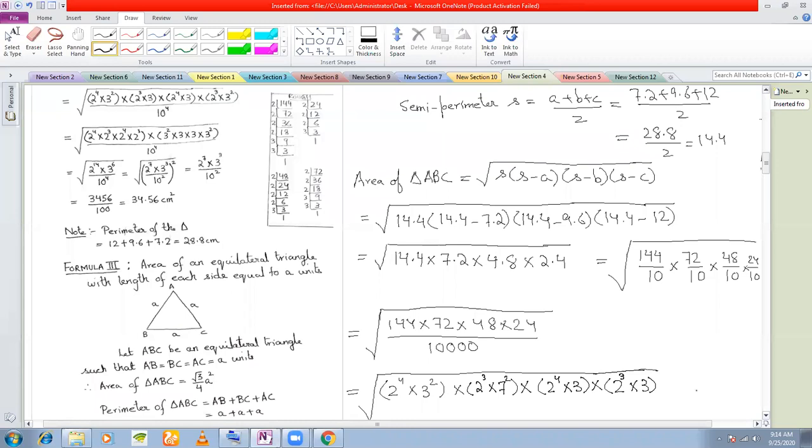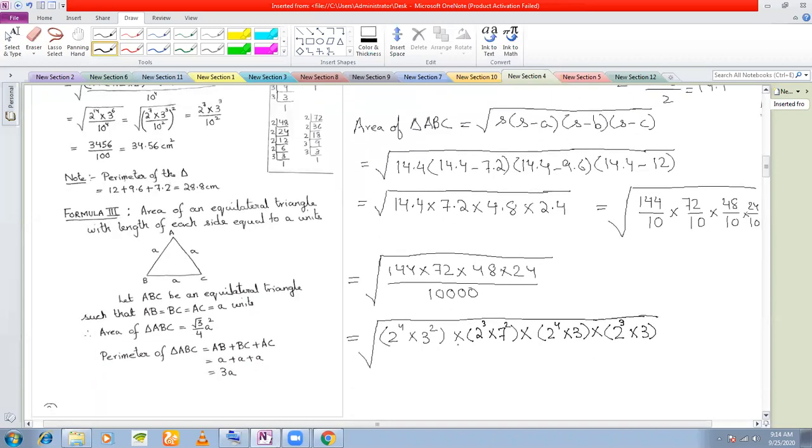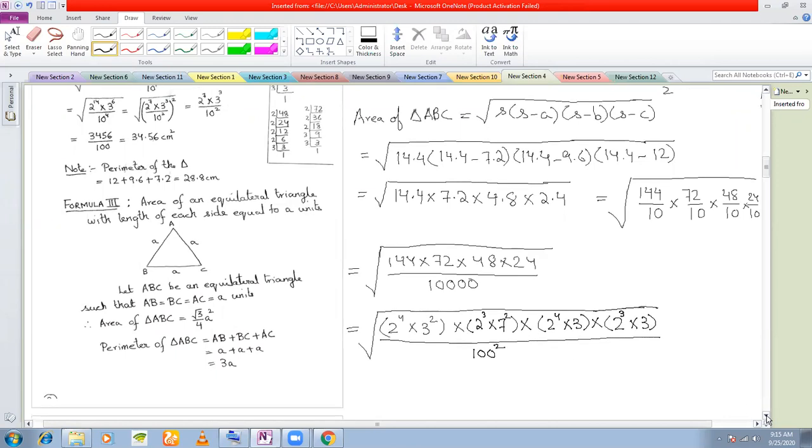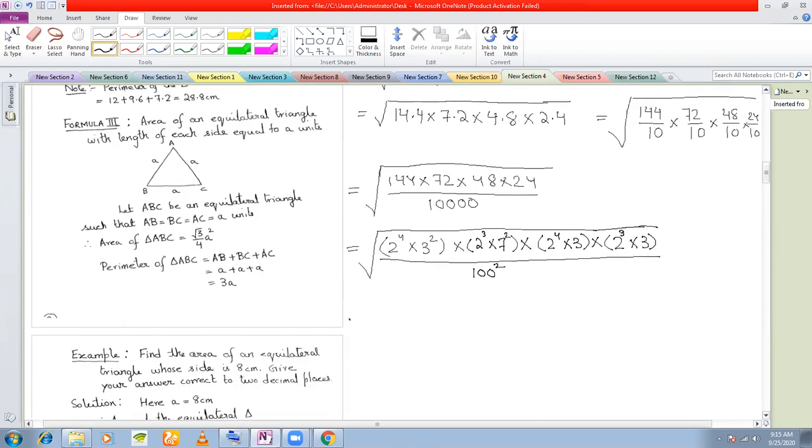Once we have prime factorized all this, if in the denominator you're getting any number apart from convenient numbers like the one I'm getting here, you prime factorize the denominator also. Remember this. Here I'm getting a very convenient number, clearly 100 square. Now I'm going to add the powers.